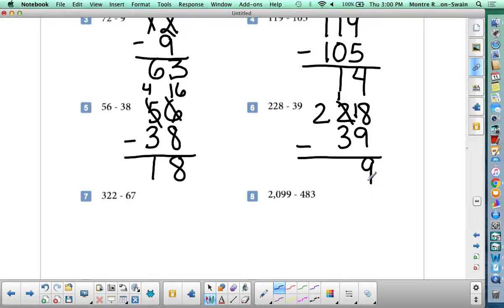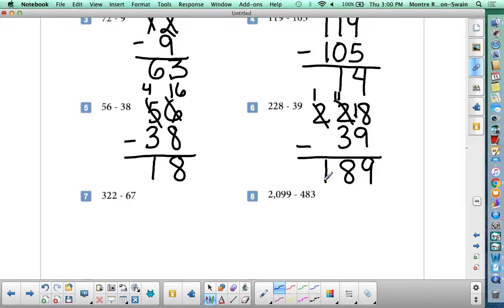In the tens place I have 1 take away 3, we cannot do that, so I'm going to borrow from the 2 in the hundreds place. Cross out the 2, that becomes a 1. In the tens place, that 1 becomes 11. So now we have 11 minus 3, that is 8. 1 take away nothing is 1.